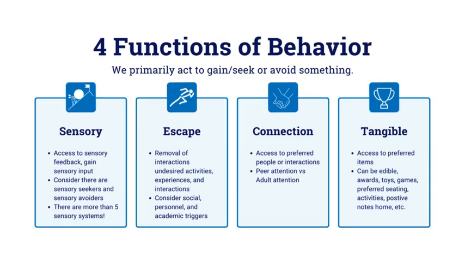This is super helpful because when we know the function that the behavior serves, we can determine replacement behaviors that would serve the same function but be less disruptive, more pro-social behaviors. We can also determine if the student is missing skills and they need support with actually building some of these skills to not have unwanted behaviors.